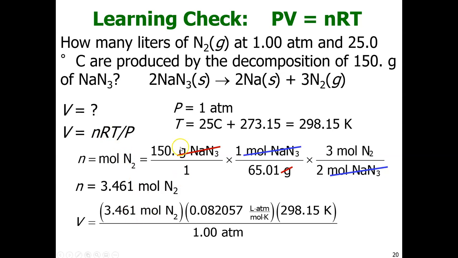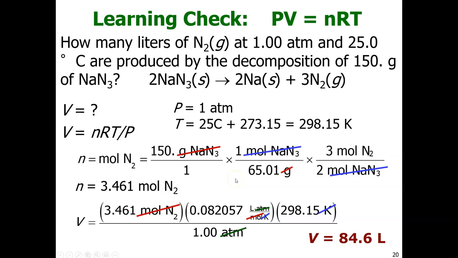So I'm going to plug all those values into this equation: 3.461 moles, my gas constant with the proper units, the Kelvin that I identified here, and 1 atmosphere of pressure. The moles of N2 cancel out, my Kelvin cancels out, my atmospheres cancel out, and I'm left with liters. That's a good sign that I have the proper units left. The volume is going to be 84.6 liters.